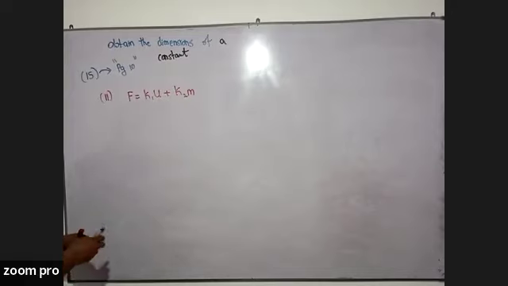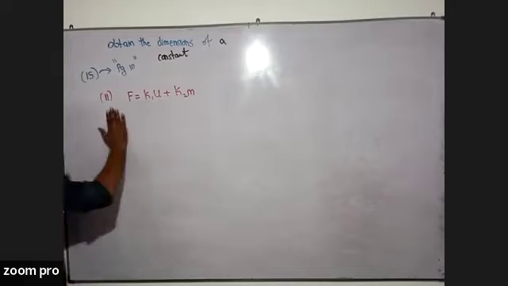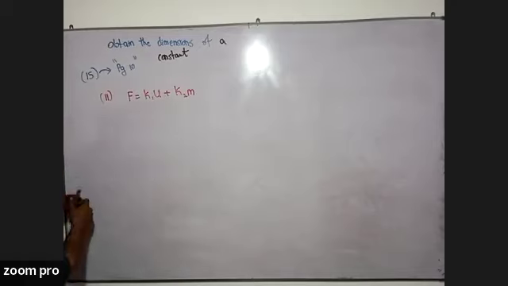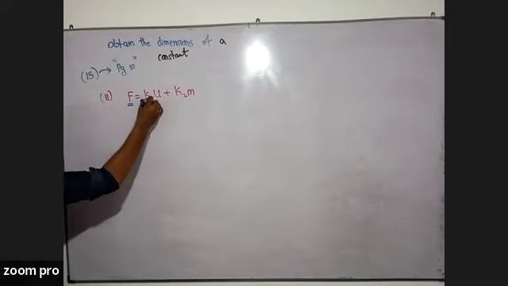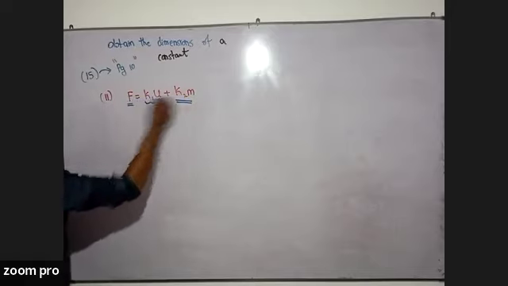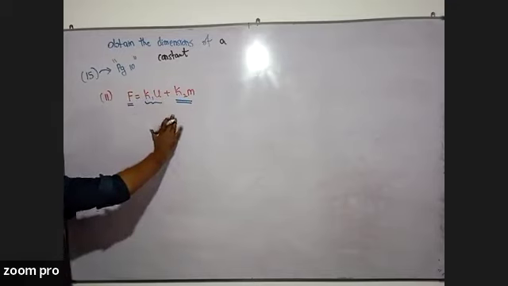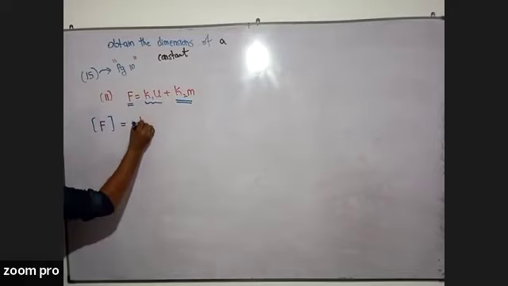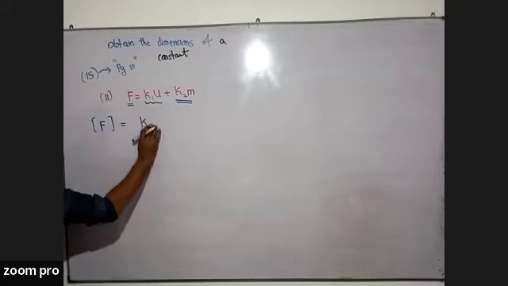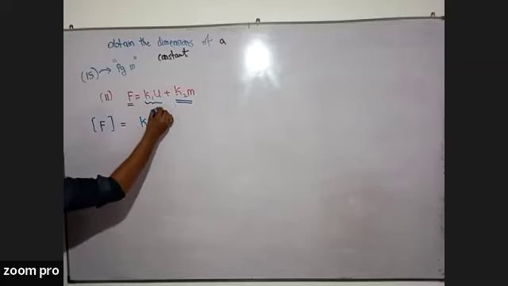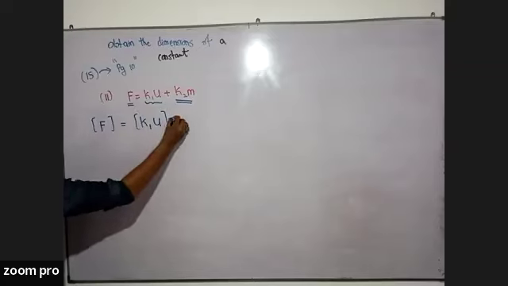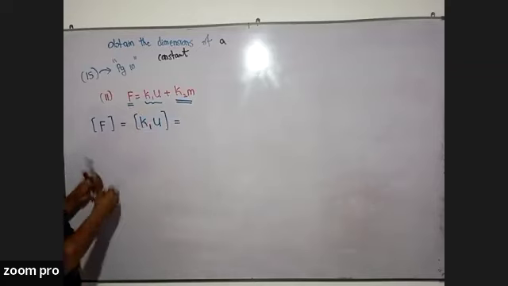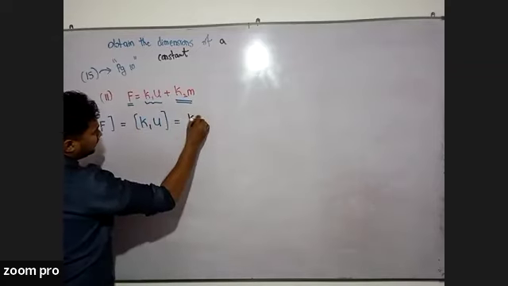Right. So you might remember that in this kind of equation, there are three terms in the expression, isn't it? Then, if this equation is correct, the dimensions of f should be equal to the dimensions of k1u, and it is also equal to the dimensions of k2m.